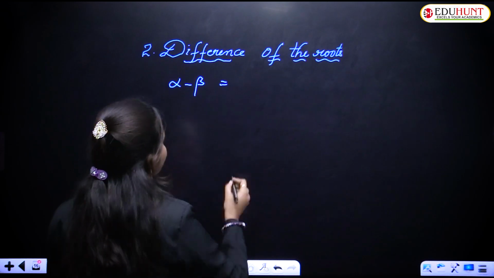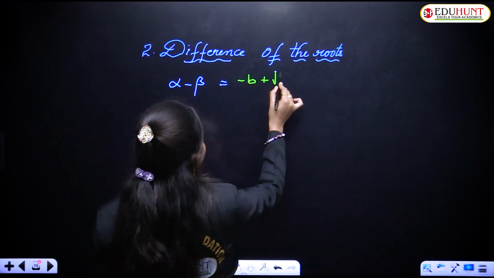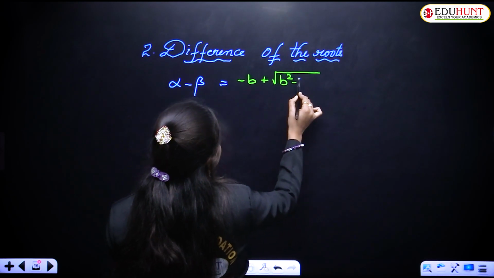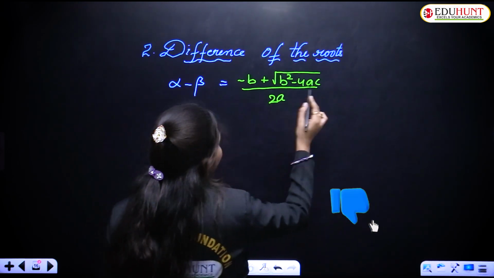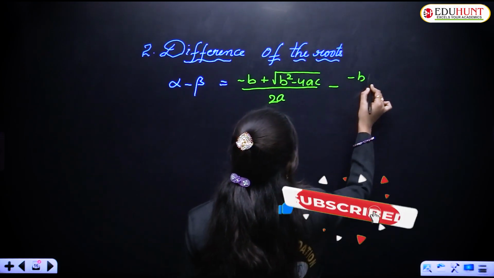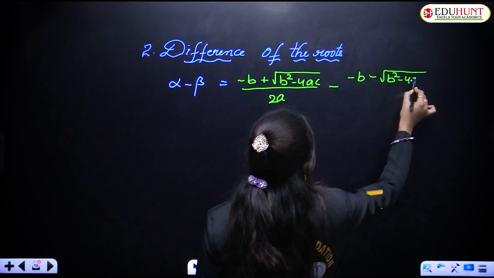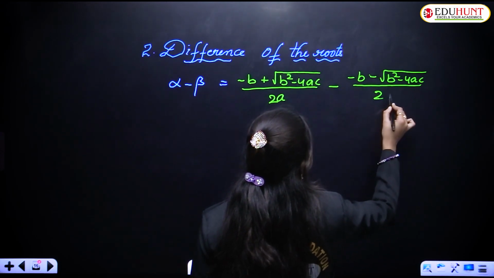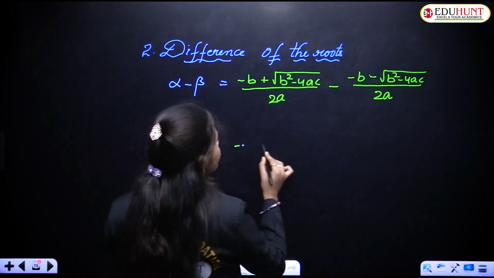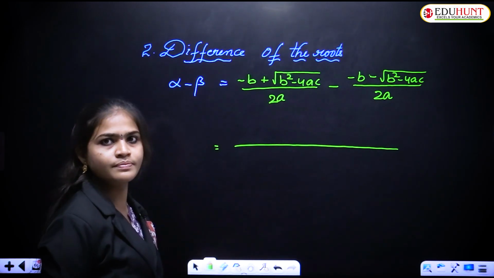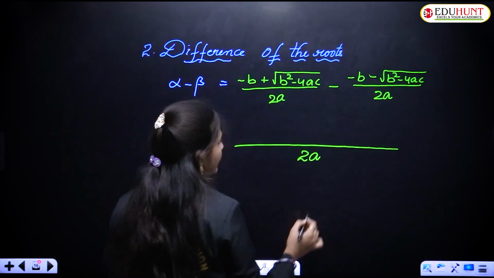So here alpha is equal to minus b plus square root of b square minus 4ac by 2a, and beta is minus b minus square root of b square minus 4ac by 2a. Now simplify it. What is the LCM of these two values? We have the same denominator, so the LCM is 2a.